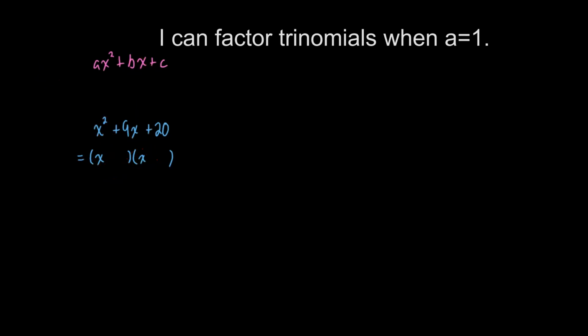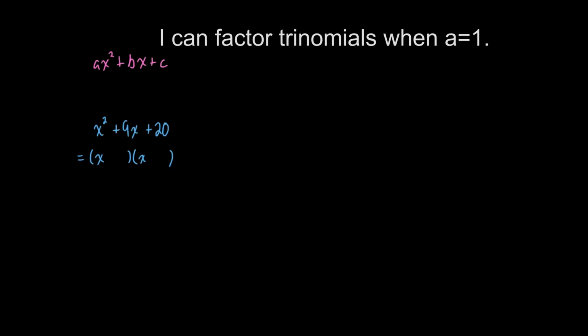And we also know that we would take the last term in both binomials, multiply them together, and those would have to give us 20. So we're going to look for factors of 20 to fill in these spaces, and those factors of 20 have to add up to 9 in the middle.